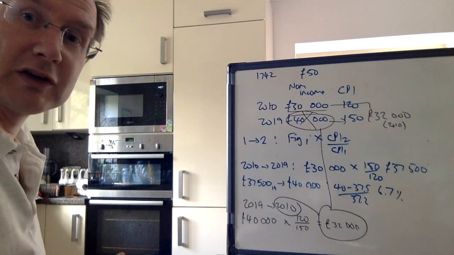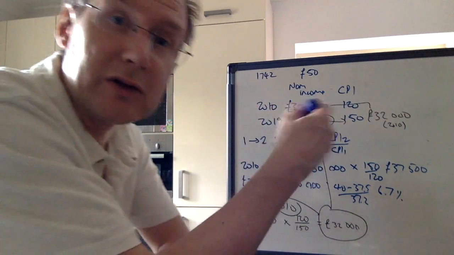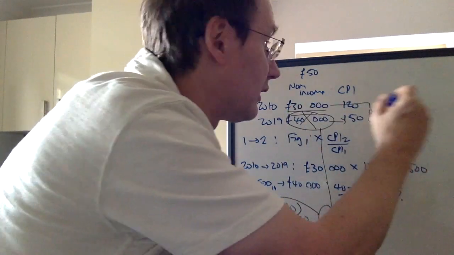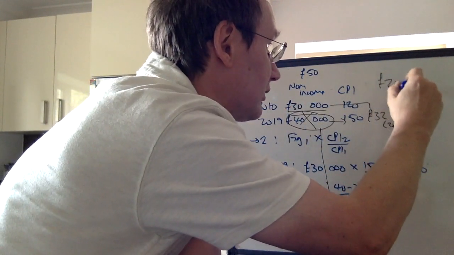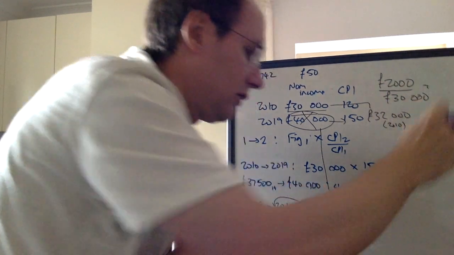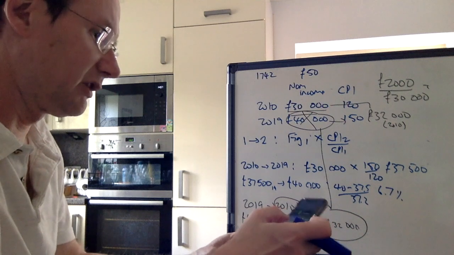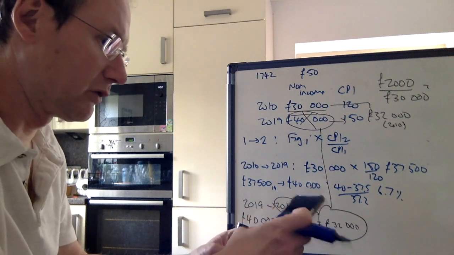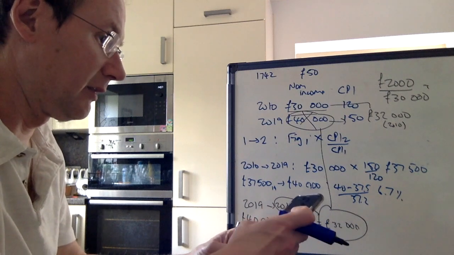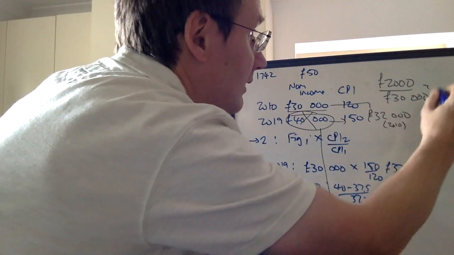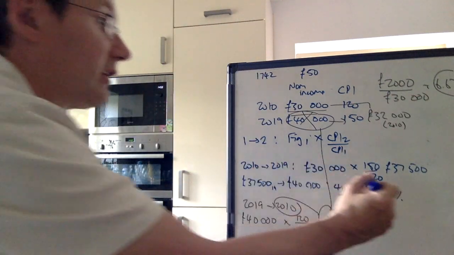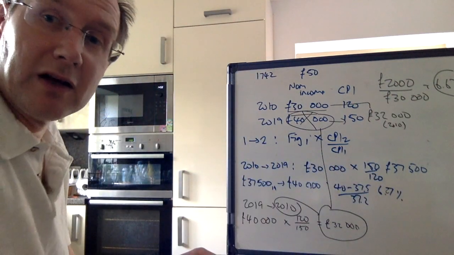So now we have two figures in the same base, the base 2010. Our percentage change is £2,000 out of £30,000, which had better be 6.7%, otherwise I've screwed it up. But I'm sure it is. 2,000 divided by 30,000, sure enough, is 6.67%. I rounded that one, so that's 6.67 as well, and that's it really.